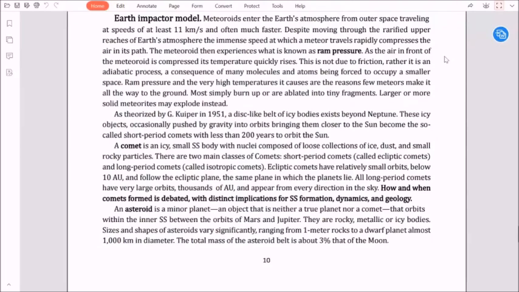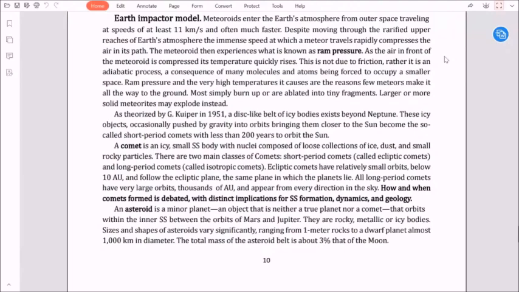Ram pressure and the very high temperatures it causes are the reasons few meteors make it all the way to the ground. Most simply burn up or are ablated into tiny fragments. Larger or more solid meteoroids may explode instead.